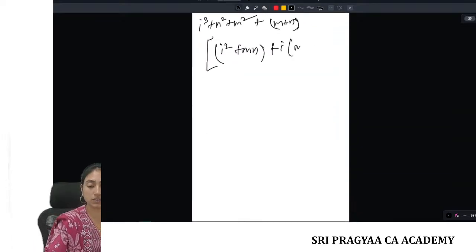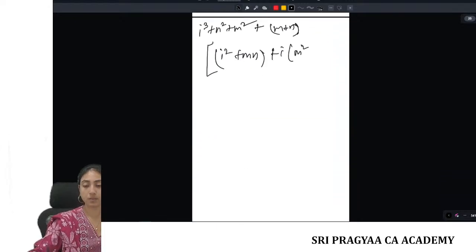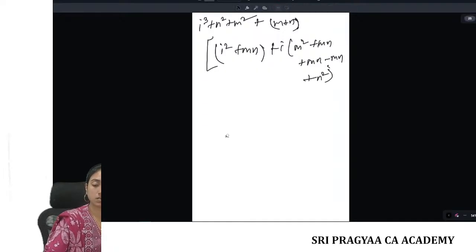So இங்க தான் வந்து we are introducing what do I have. Plus mn is there no, so plus mn minus mn introduce பண்ணுங்க, plus n square. So this will give me a plus b the whole square formula.